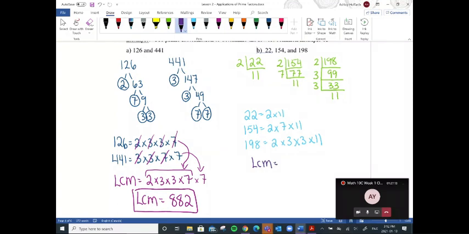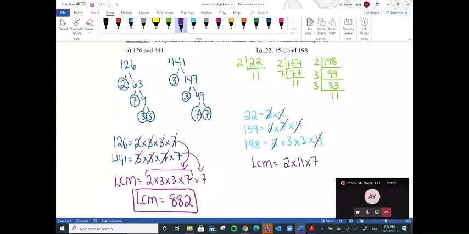Okay, so for the LCM, you start with any factor list that you want. So I'll start with the first one, just again because it's on the top, but you can start with the 154 list or the 198. So 2 times 11, and I'm just going to cross it off of each list. So I used a 2, I used an 11, and now from the second list I didn't use that 7, so I've got to add that 7 in.